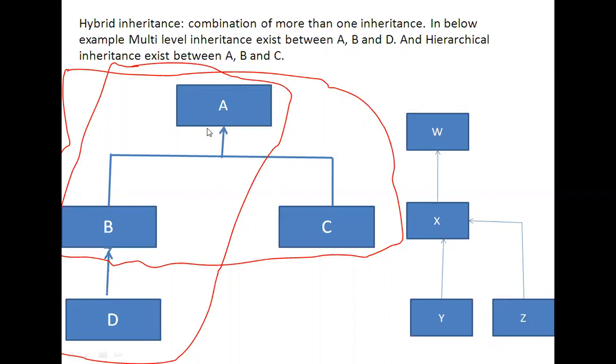So it is not that only this combination can be hybrid inheritance. It can be this combination also. It can be in some other way also. It doesn't matter. Basically, if more than one type of inheritance is available, it is called hybrid inheritance.